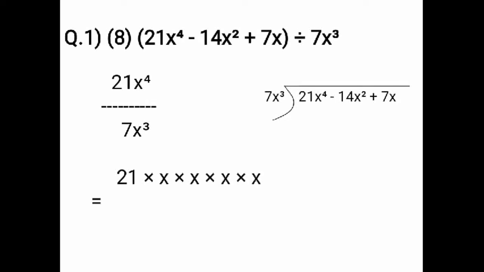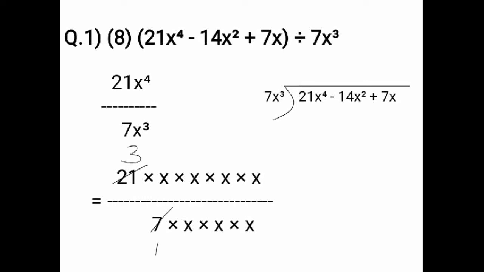That is equal to 21 into x into x into x into x upon 7 into x into x into x. Now start cancelling. Number 21 is going 7 table. Number 7 is already there on denominator. 7 ones are 7, 7 threes are 21. Cancel all 3x on numerator and denominator.